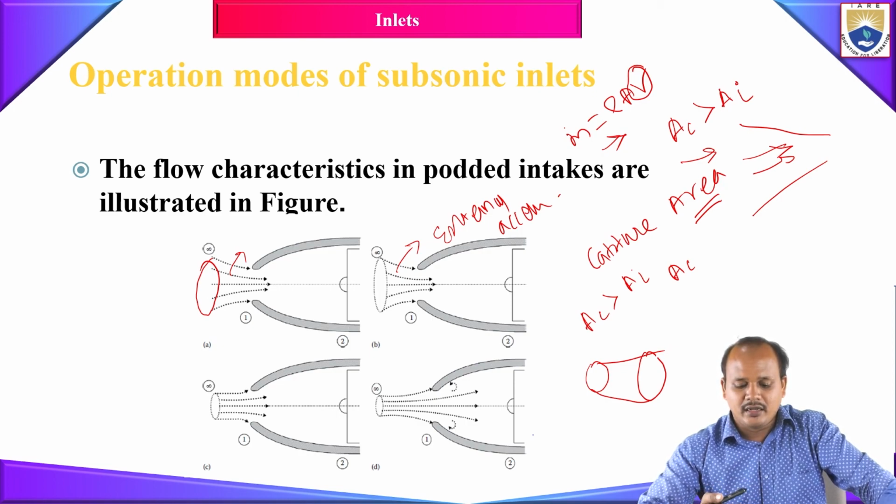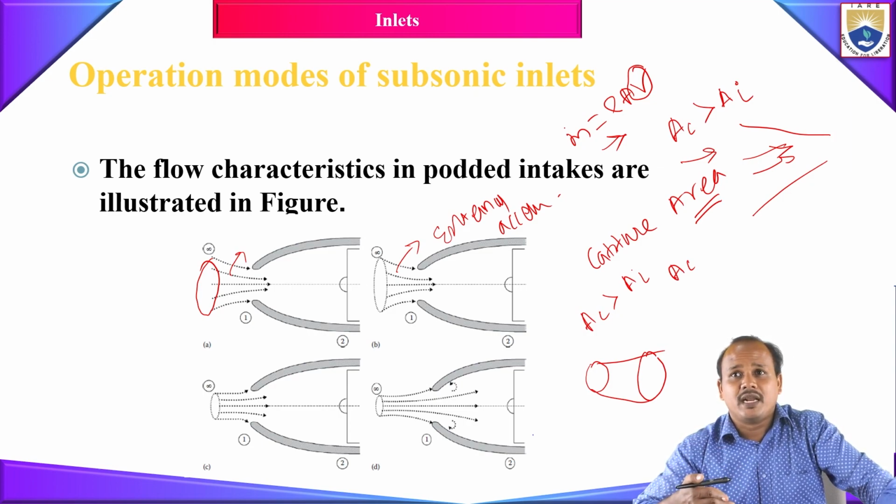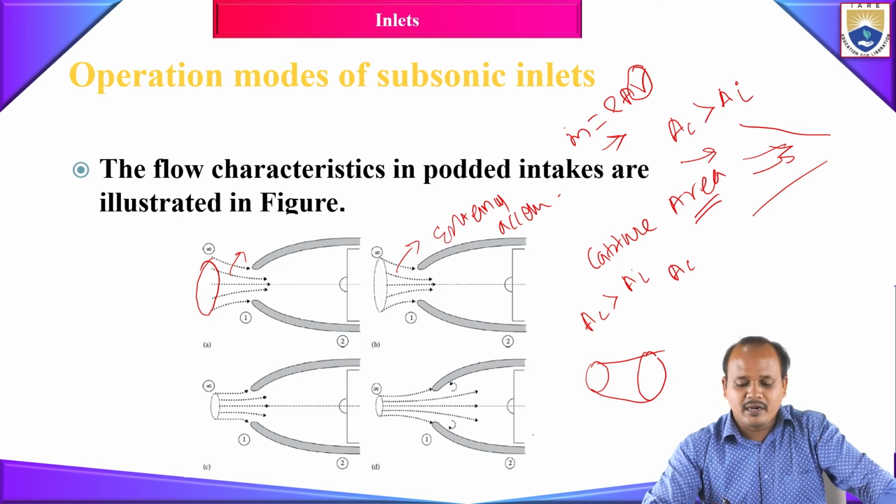When the flow is decelerated by a very high amount outside itself, then when it enters it will have more pressure rather than momentum. Because of this, there is a possibility that your flow will easily separate.